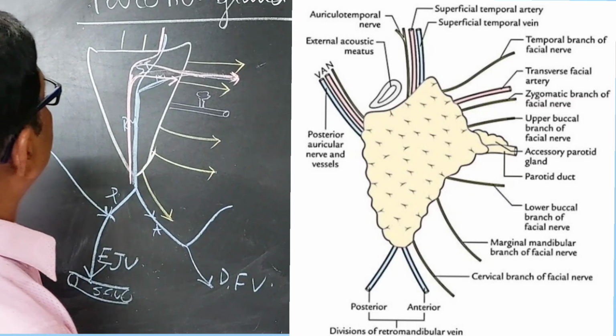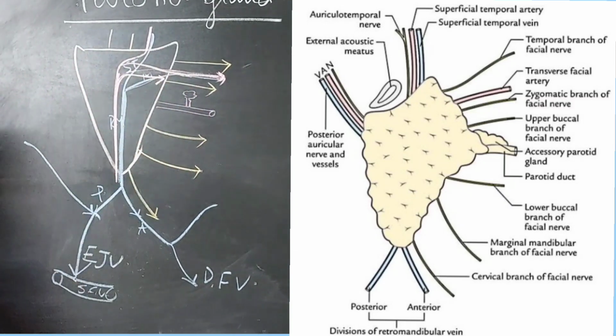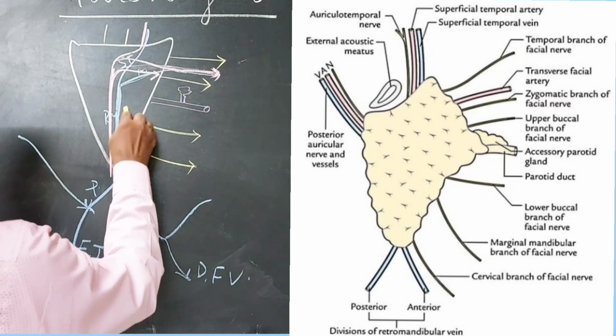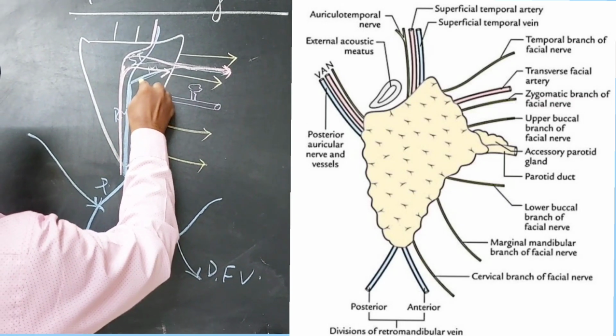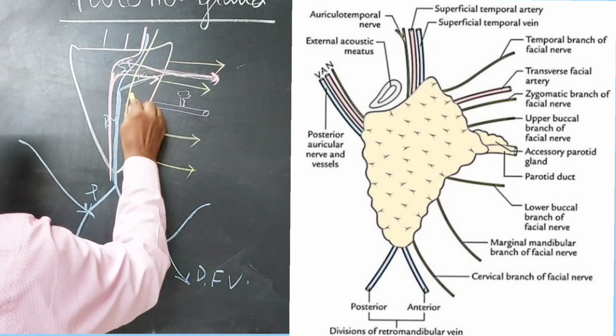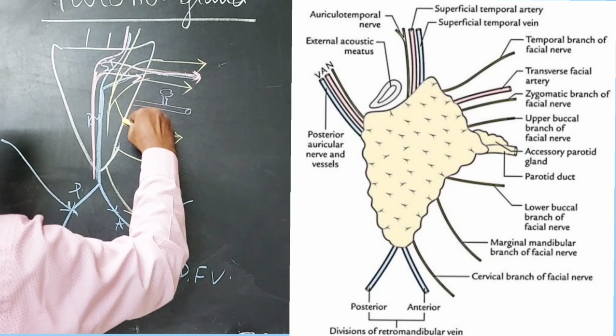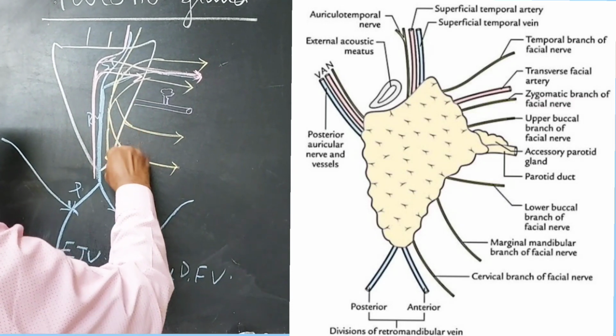So all these are different structures, and the facial nerve, when it is inside the gland, it divides into 5 branches. 1, 2, then this 3, then this is 4, and this is 5.